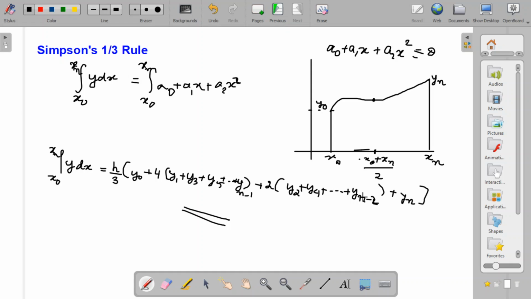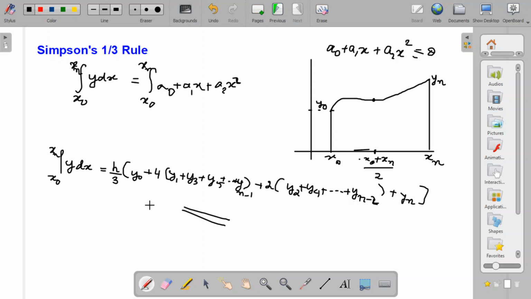So this is how the Simpson's 1 by 3 rule formula is used to integrate a function with the limits. We call it the 1 by 3 rule because you have a fraction of 1 by 3 in the formula.